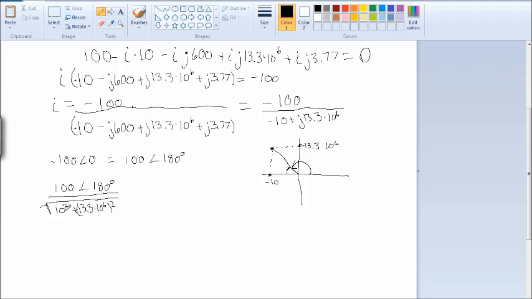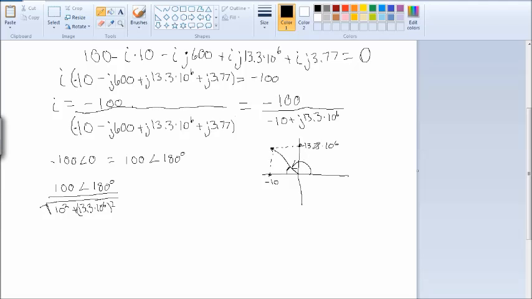So that's showing you right there. Now look at this little 10 squared here. That's going to be almost nothing. So that's showing us that our real part is very, very insignificant compared to our imaginary part.